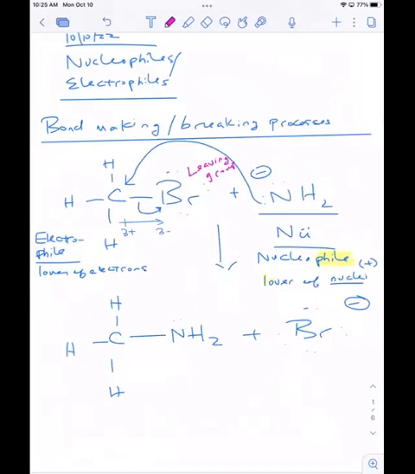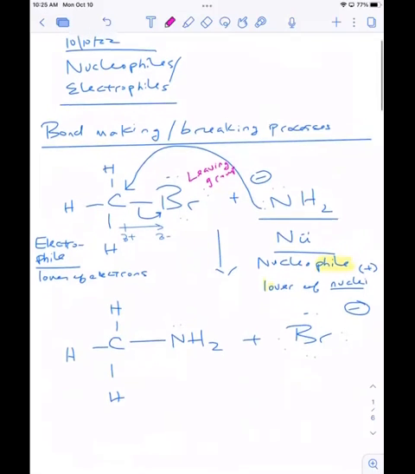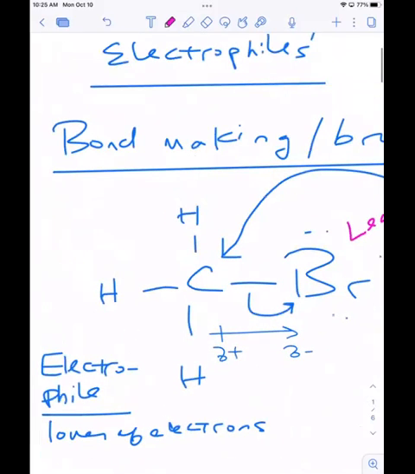Let me make this point too. On the electrophile, every site is not equally reactive. So the carbon on the electrophile is what we call the electrophilic site. Right, that's the site where the reaction is going to take place.